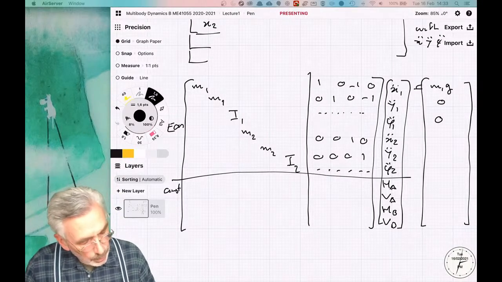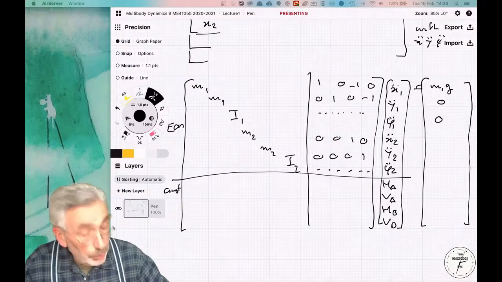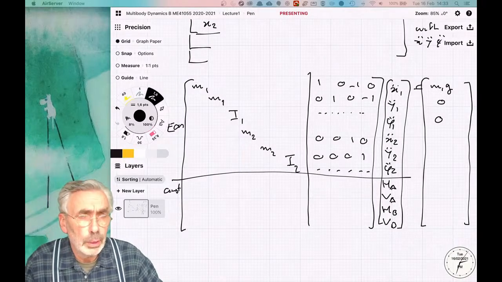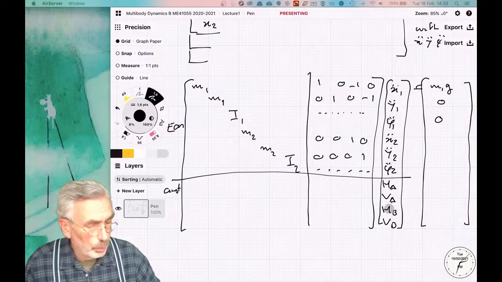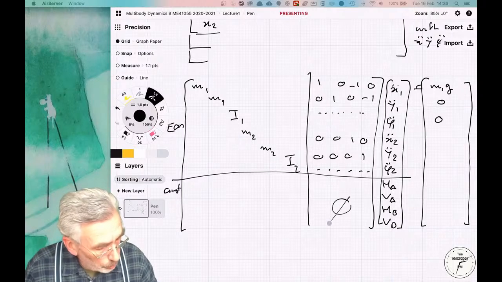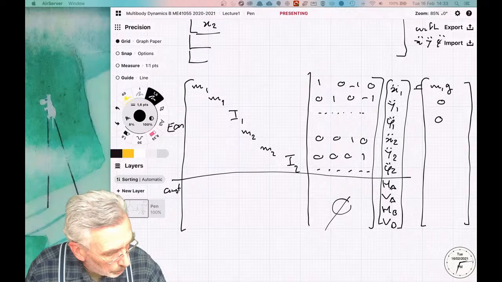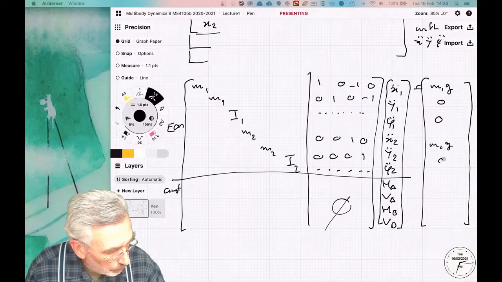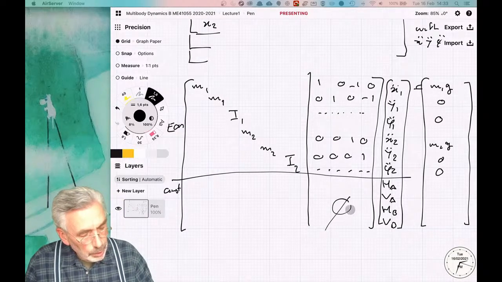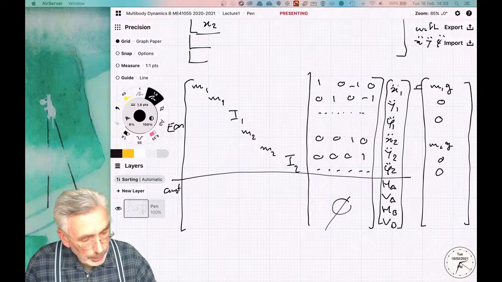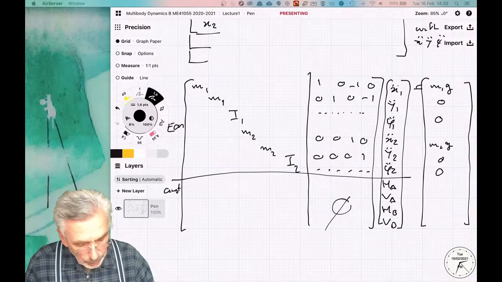Then the constraint equations, well, they only have to do with the accelerations, with this part, and nothing to do with the forces. So here we have all zeros. Oh, sorry, it's not a 0 here, this was m2g, 0, 0. This is all zeros. Then we have acceleration, and then here we have also terms.